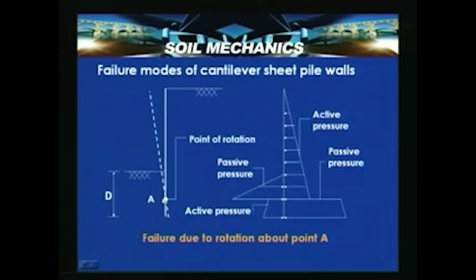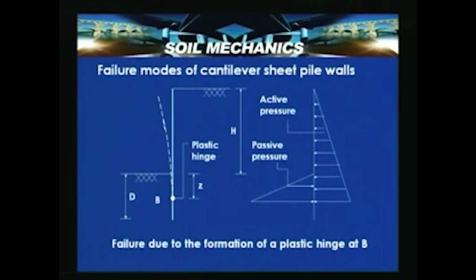So in this case the wall is subjected to rotation when a soil failure arises and rotation is allowed. This is one of the failure modes of the cantilever sheet pile wall. The other failure, as I just discussed, is the formation of a plastic hinge at that point.